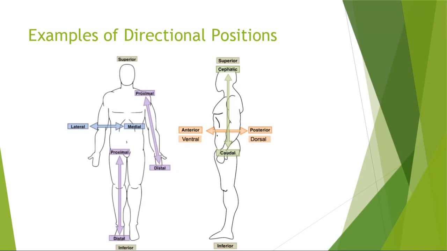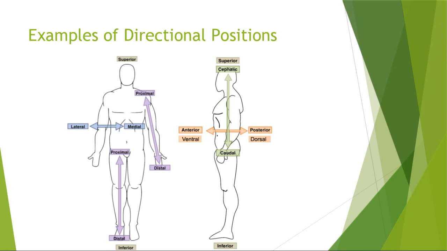Think about the umbilicus being a medial point, the middle point. And if it's closer to the middle point of the body, then it would be considered medial. The opposing of that, if it's out towards the arm, it's going to be lateral. It's going to be away from the body. So lateral will be towards the side or away from the midline.